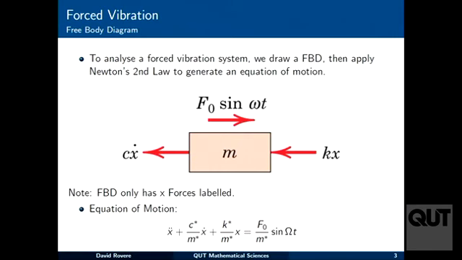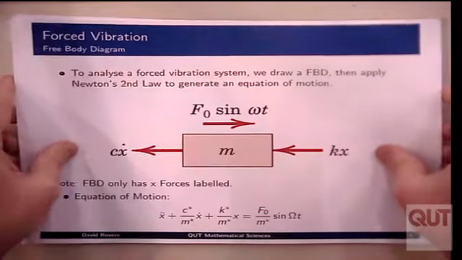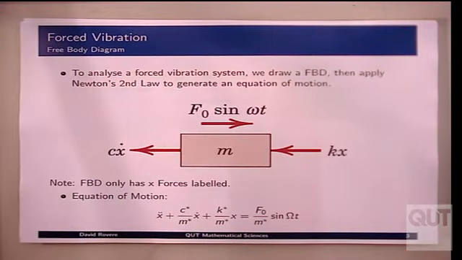Now to analyze any vibration system, remember from last week we want to draw a free body diagram of the system. Now this is the free body diagram I stole from the textbook and it's slightly incomplete. Their free body diagram is labelled forces in the x direction but not in the y direction.